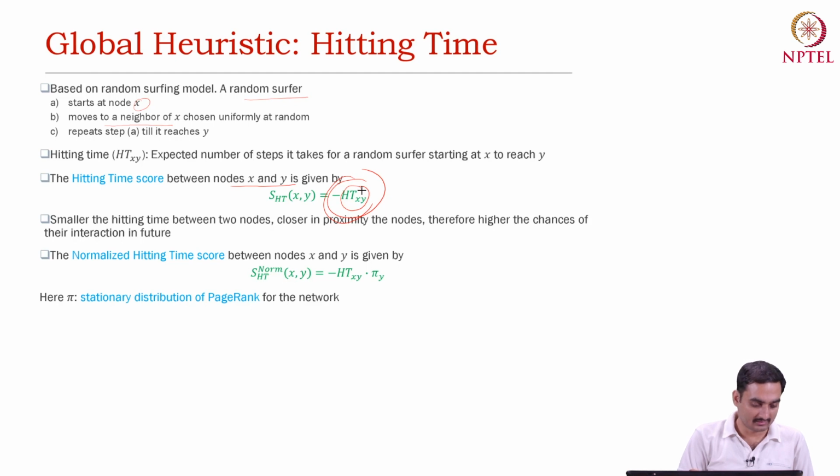You basically want to make this between 0 to 1. So you multiply this with the stationary distribution that we obtained from the PageRank. Hope you remember what PageRank is. PageRank always guarantees that this would be the stationary distribution, where the sum would be 1 and each would be between 0 and 1. So you multiply this quantity with the value of x from the stationary distribution of the PageRank process.